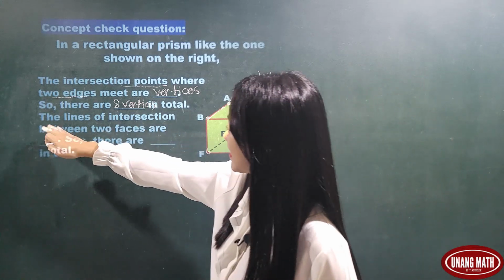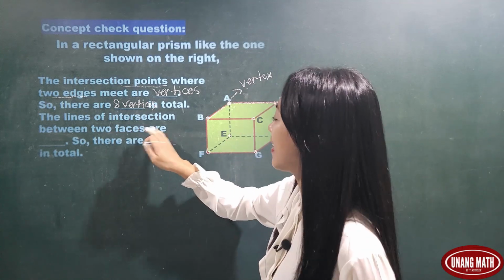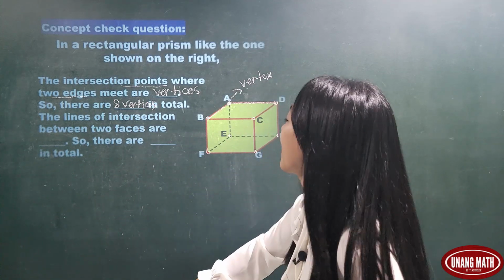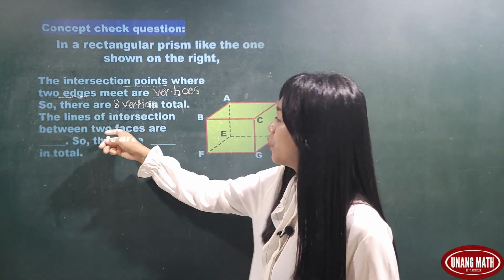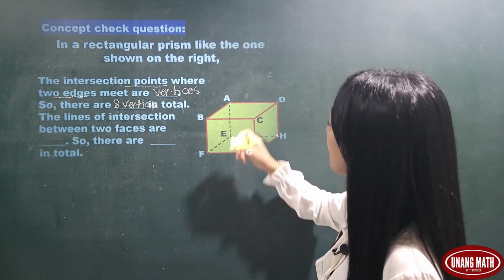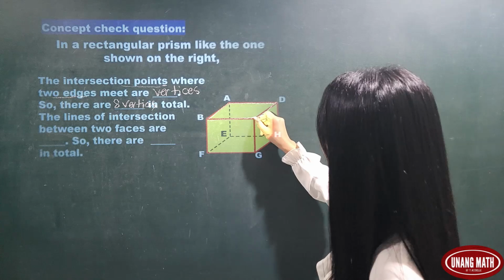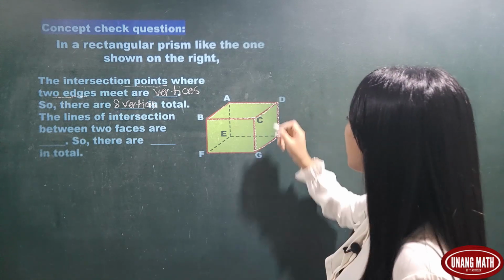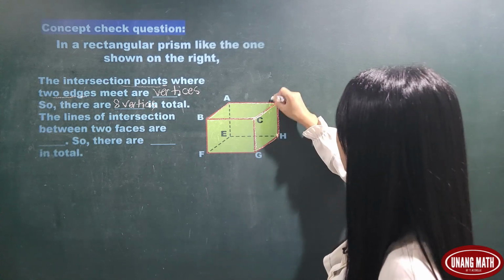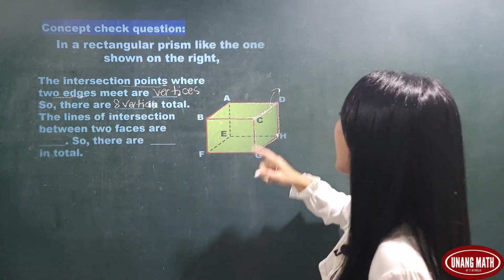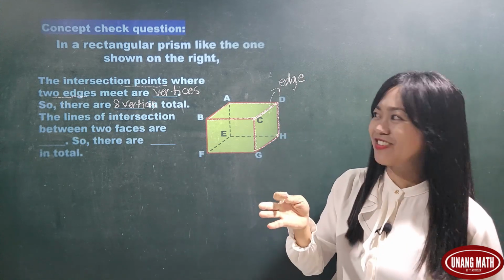Next sentence. The lines of intersection between two faces are blank. Let's give an example. Let's say this face and this face meet at this line. So this is the intersection line, or we call it also the edge.